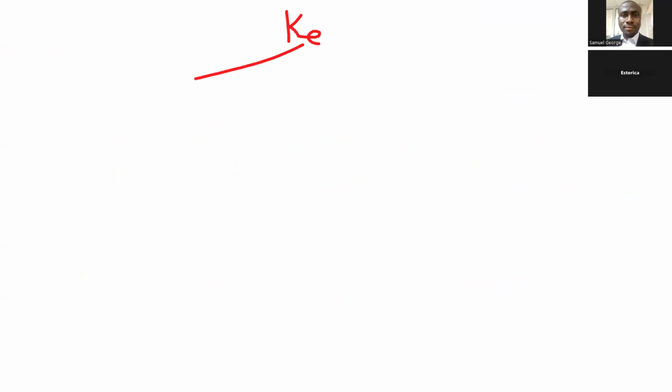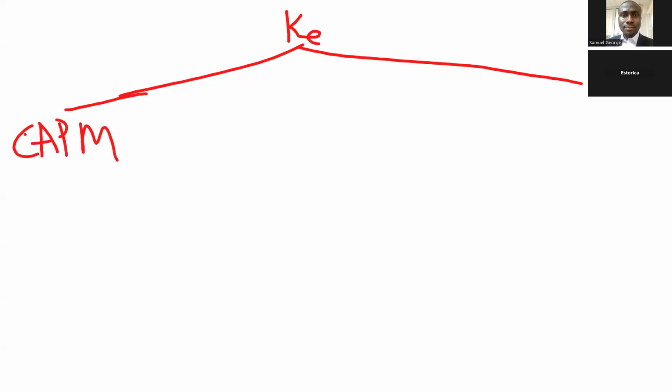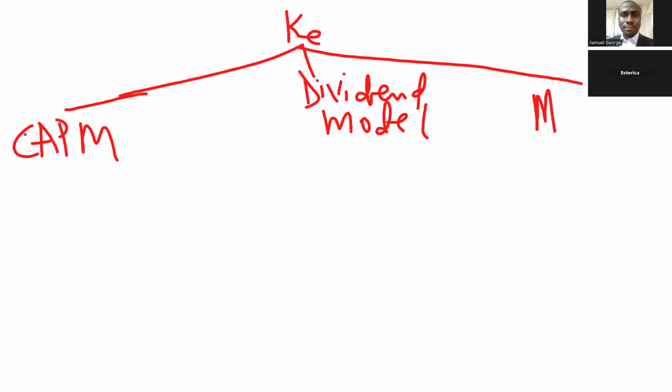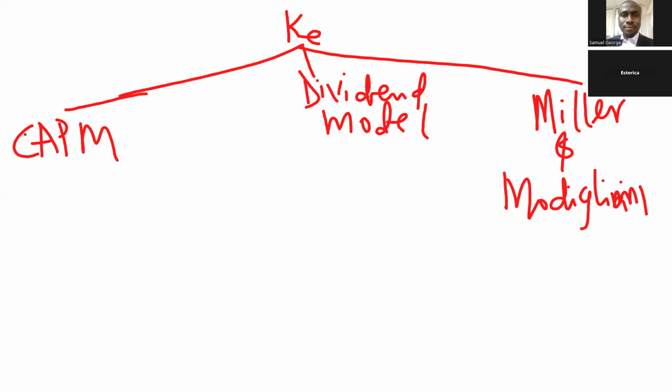we use three methods. Method number one, we use capital asset pricing model. We use dividend model, and we use Miller and Modigliani, M&M model.